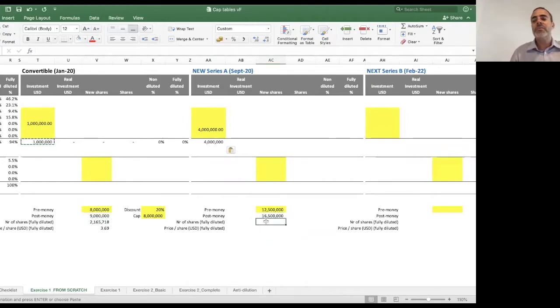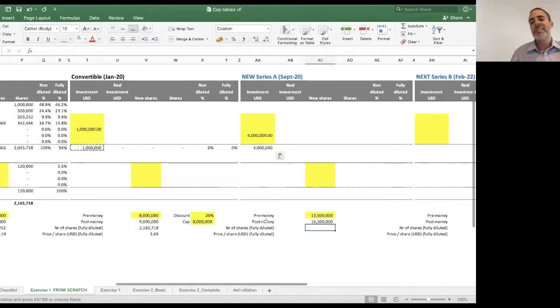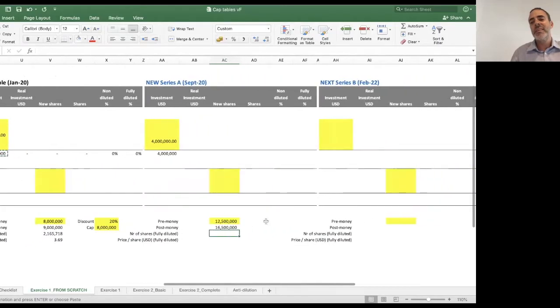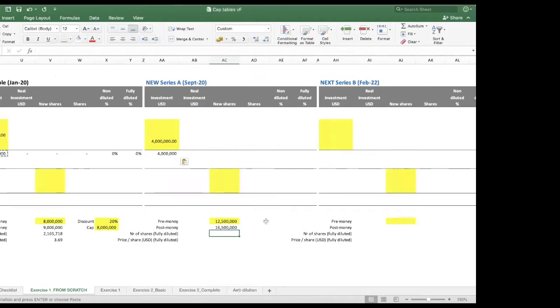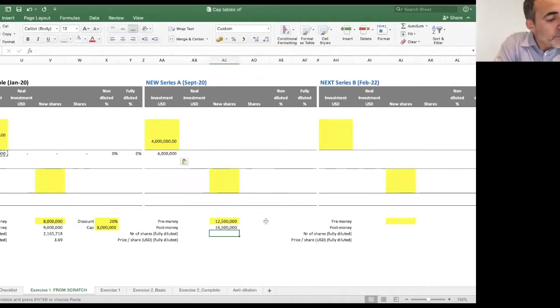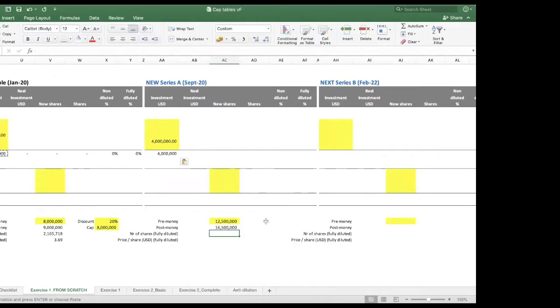How about the number of shares? Sorry to ask, shouldn't the post be the plus 4 plus 1? The convertibles are coming in at the former one. So the post-money value, they're coming in at the new series.